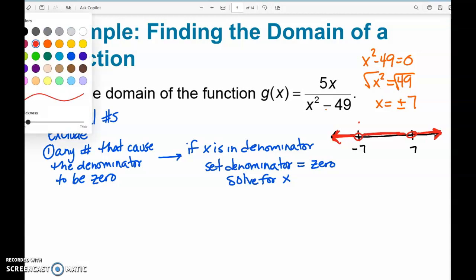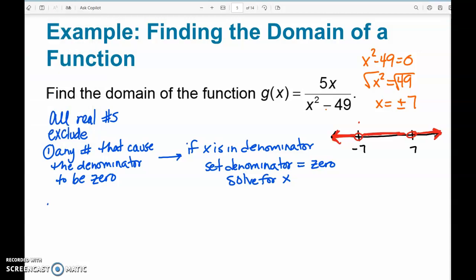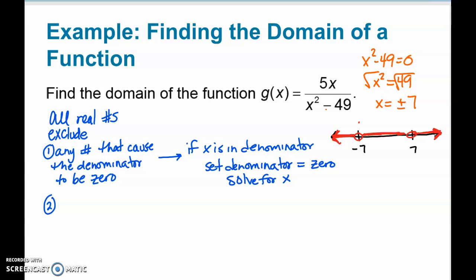Now, I said there were 2 questions you have to ask yourself. The second question: check if there is any number that would make the radicand negative. A radicand is the number or expression underneath the square root symbol or the radical sign.